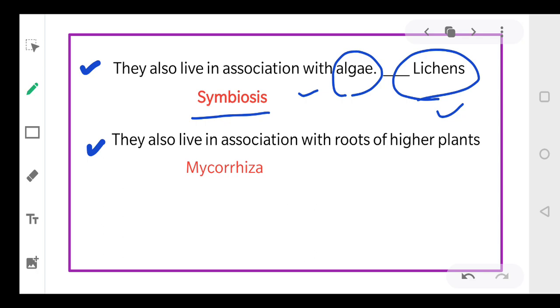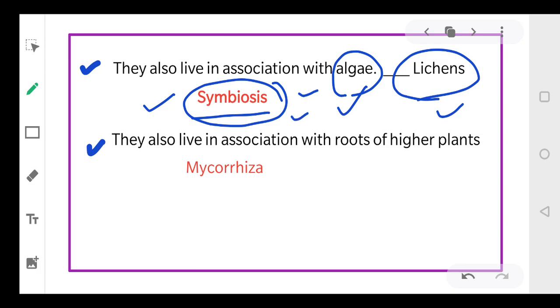Algae contain chlorophyll, so algae will perform photosynthesis while the fungi will supply the nutritive medium. So this association is beneficial for both of them, and it is called symbiosis.